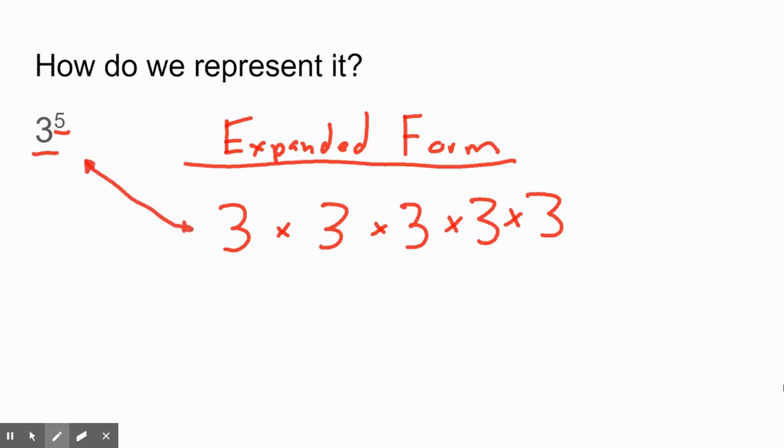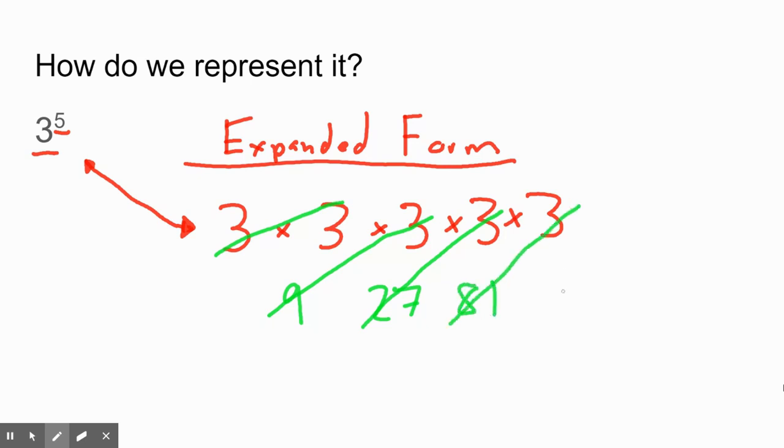But if you need to evaluate something that's written as a power, the expanded form is going to help you do that. If we were told to evaluate 3 to the 5th power, we would have to do this multiplication. The best way I would suggest is to do it one number at a time. 3 times 3 is 9. 9 times 3 is 27. 27 times 3 is 81.